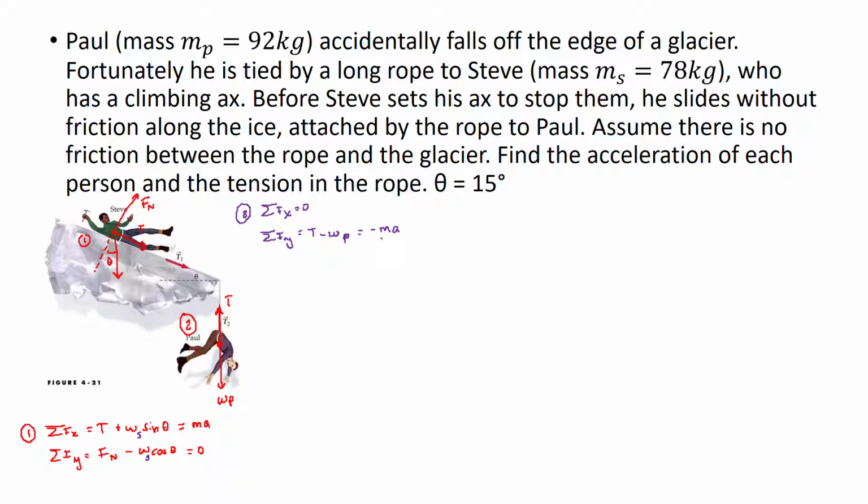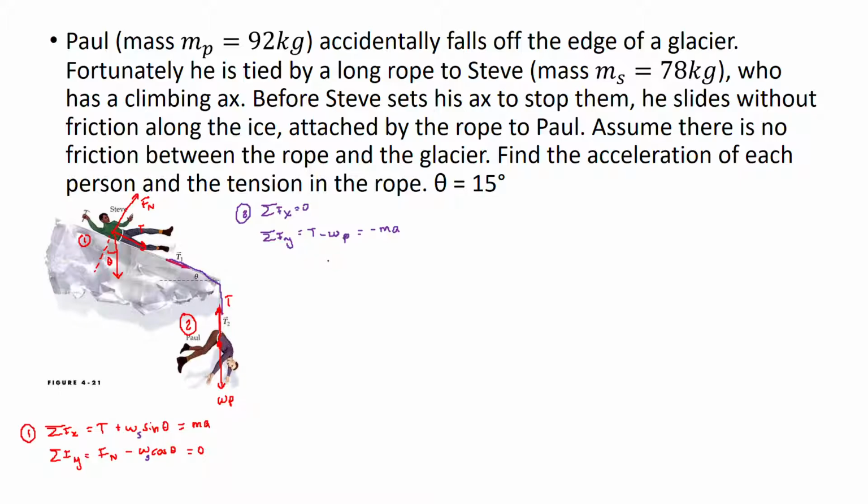So from here, what we have to do is find the acceleration. If we notice, they share the same acceleration, they're moving down, and the cord is exactly the same, so the tension is exactly the same. So we can solve for T in each case, equalize both equations and then solve it.